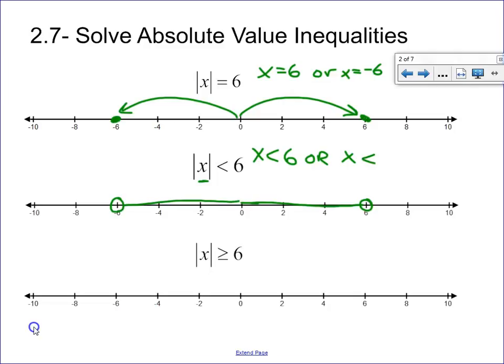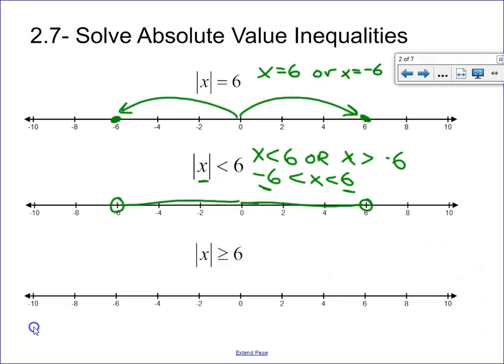Okay, so putting that together, since it's between, negative 6 is less than x, which is less than 6. We're looking at all the values between negative 6 and 6, because those are all the values that are less than 6 units away from 0.